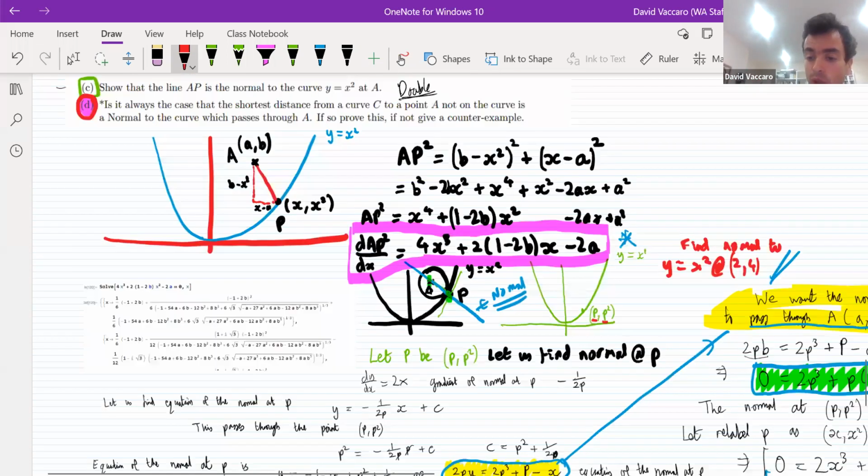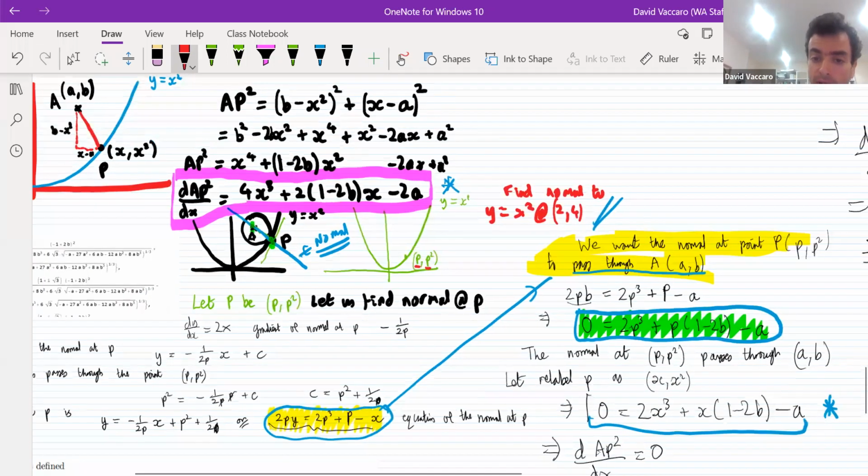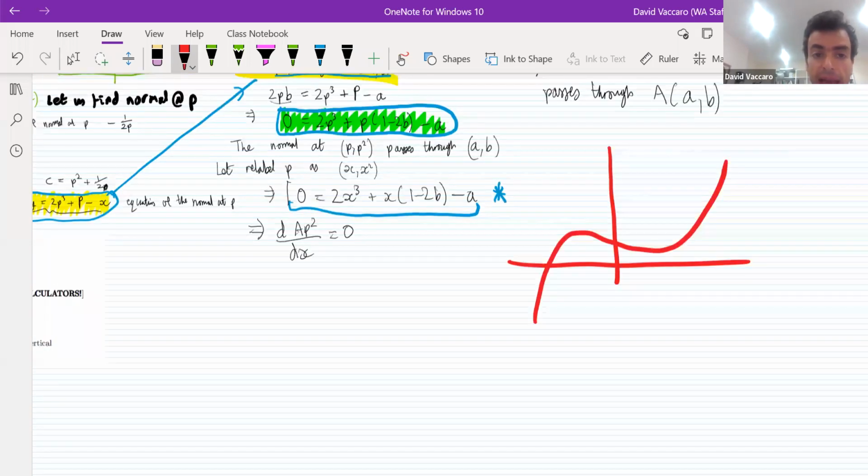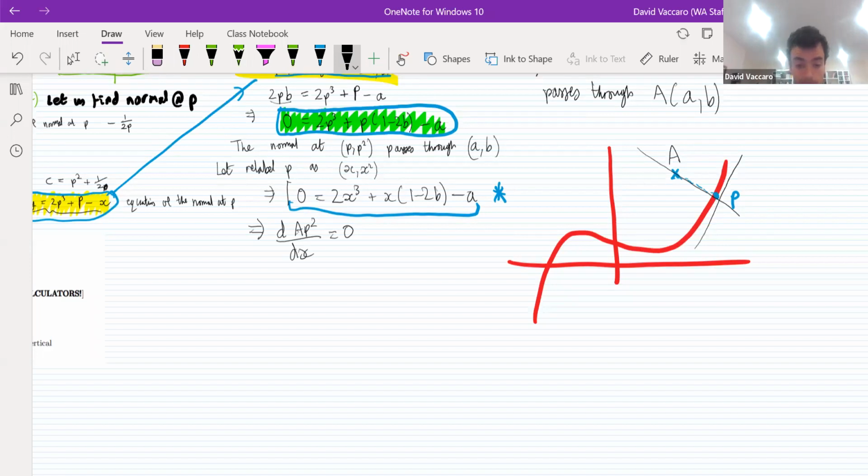So we'll take a vote, yes or no. If I just draw any curve, and then I take any point, and then I look at the point on the curve which minimizes the distance, who thinks that it's a general theorem that the normal at this point would pass through A? We've proved that this is the case for y equals x squared. So let's take a vote if we think it's a general theorem.